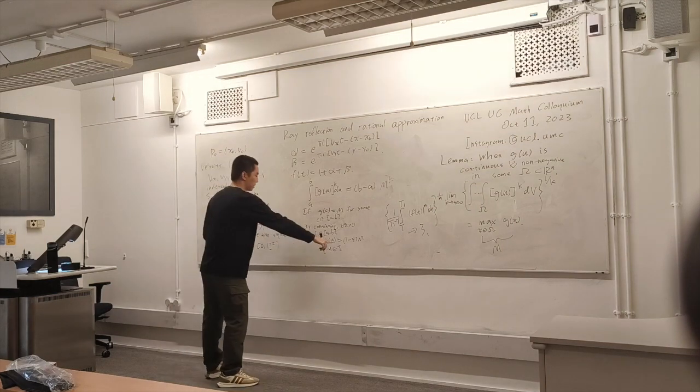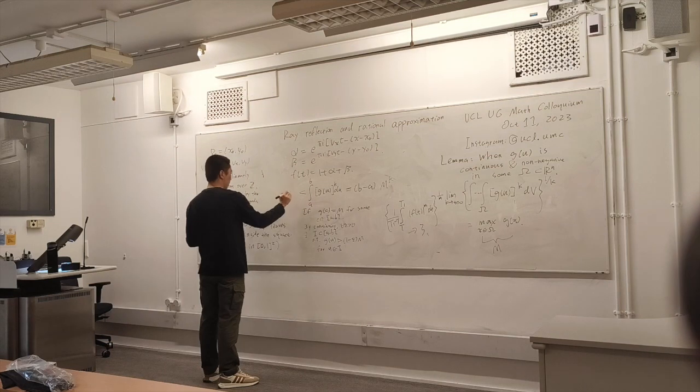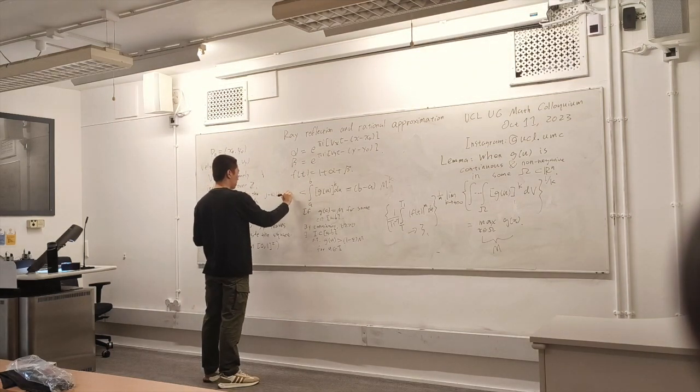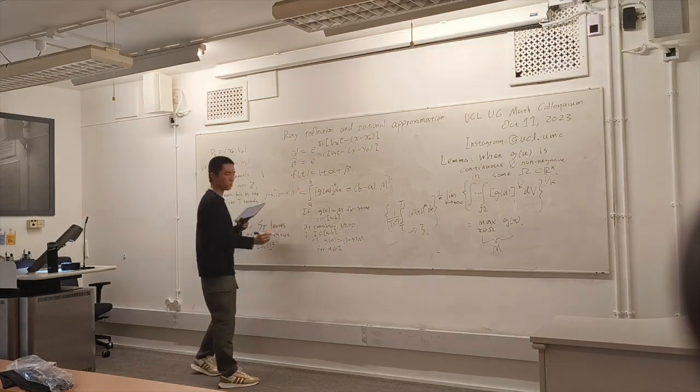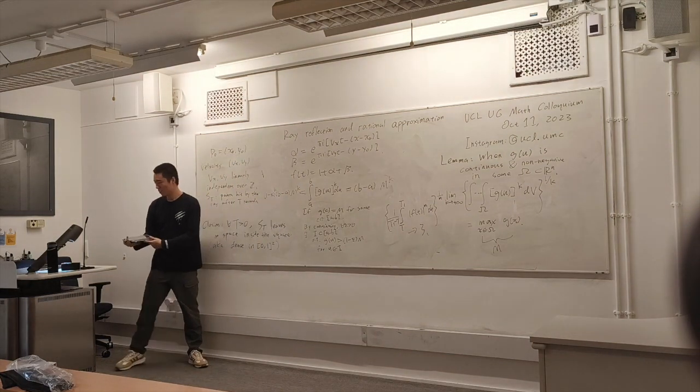So if we plug this into the inequality, we get that this whole thing is going to be greater than 1 minus epsilon times b minus a times 1 minus epsilon to the k power, and this is b minus a, and this is M to the k power. So we effectively have these two inequalities.